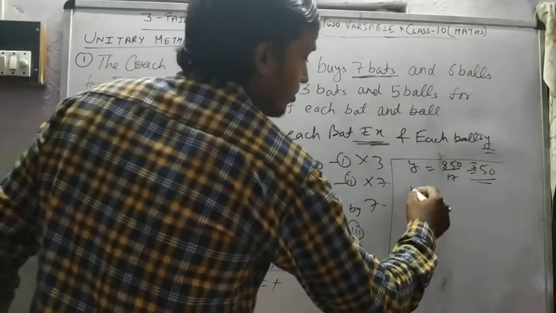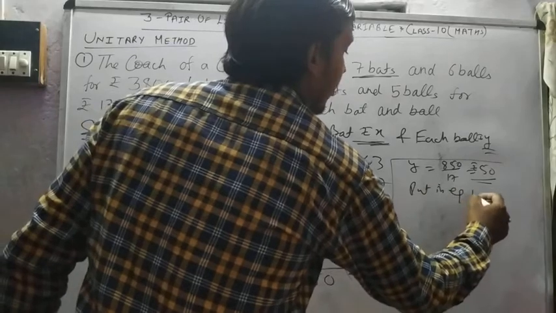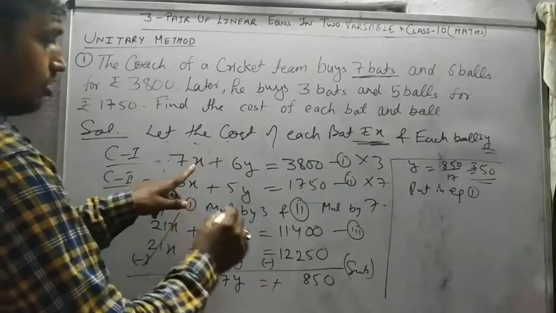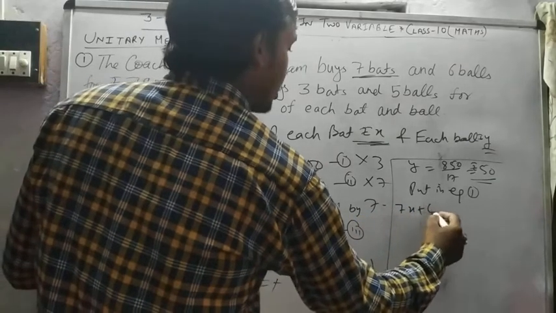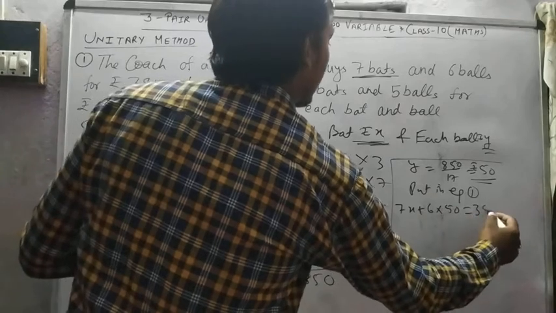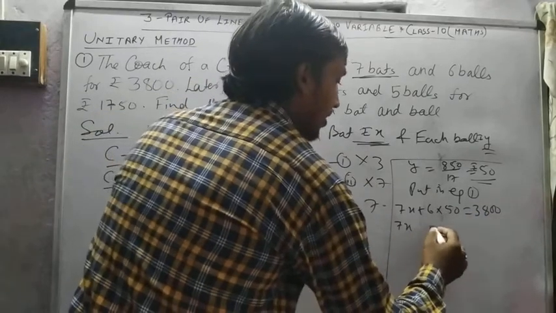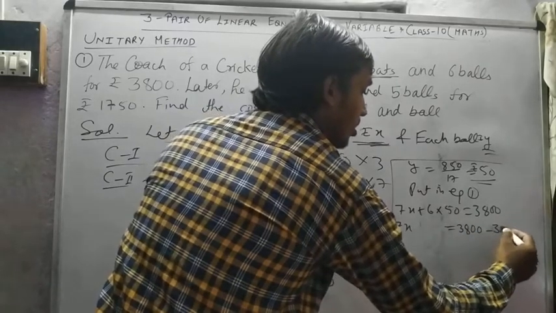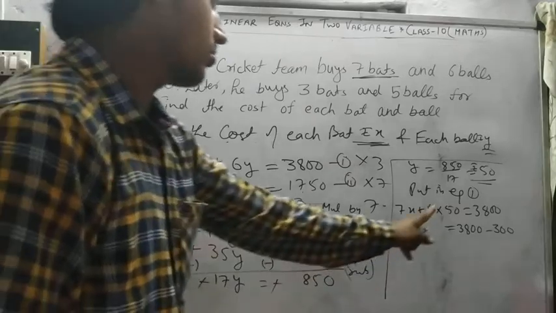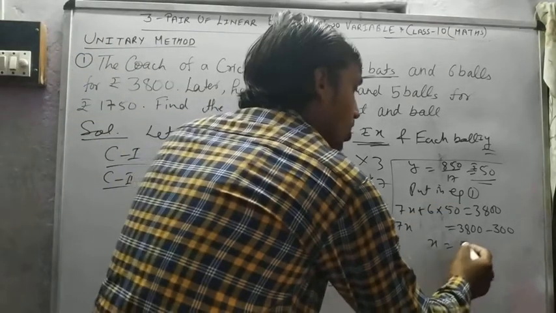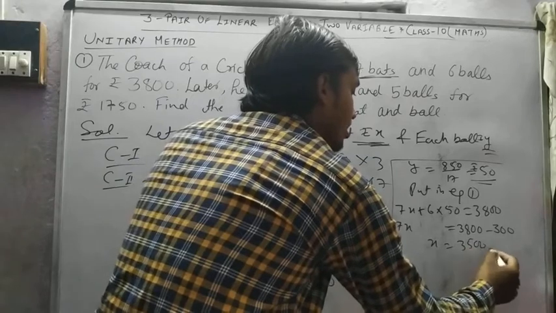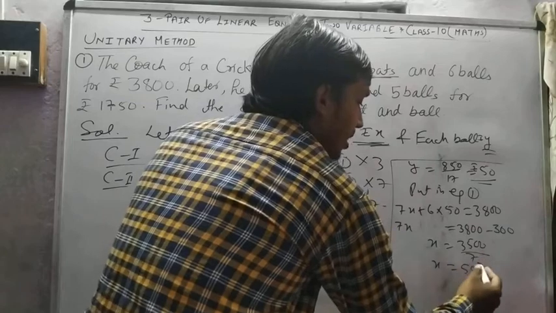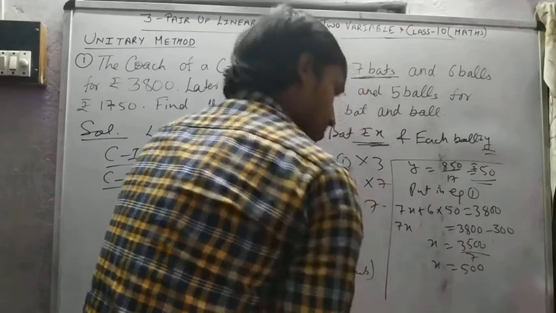Then put it in equation first: 7x plus 6 into 50 is equal to 3800. 7x is equal to 3800 minus 300, so 7x is 3500. So x is equal to 3500 upon 7, that is 500 rupees.